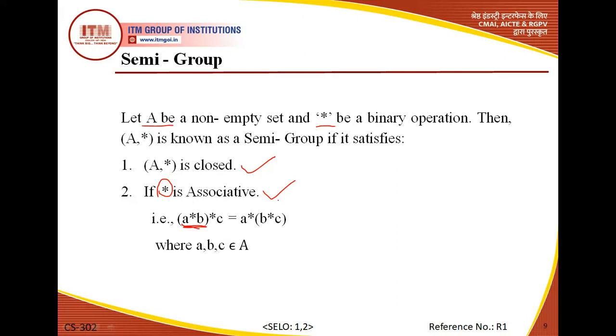Basically, if you apply the operation between A and B first and then with C, or between B and C first and then with A, the answer should come out to be same. In that case, we would say that star is associative. Now, if both of these properties are satisfied, then we would say that A star is a semigroup. So we have seen the definition of semigroup also.